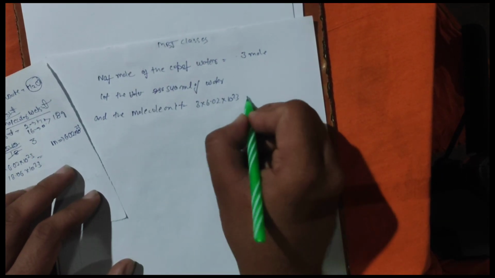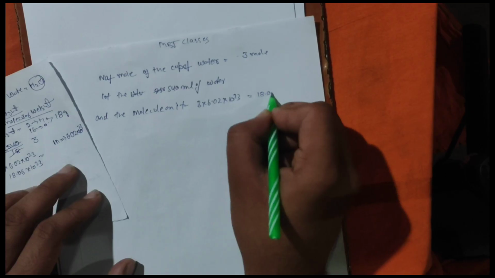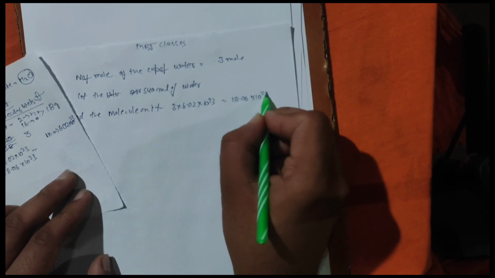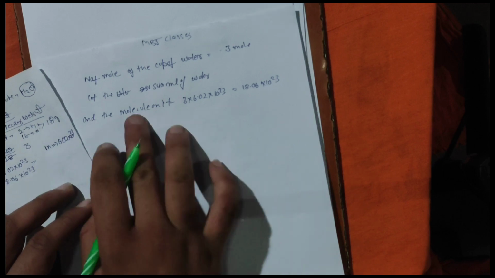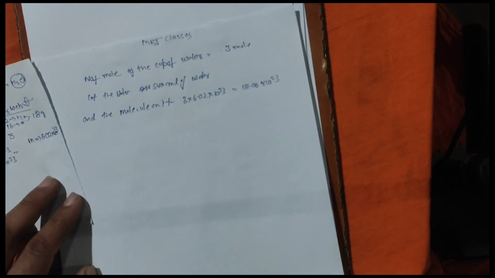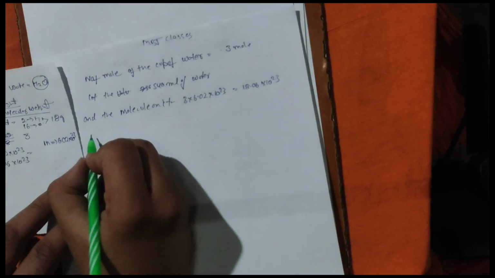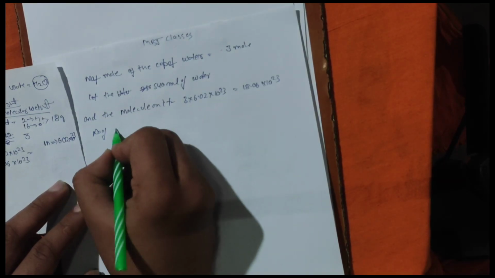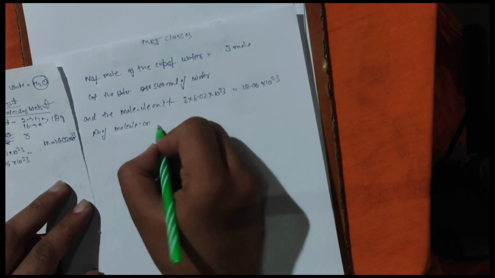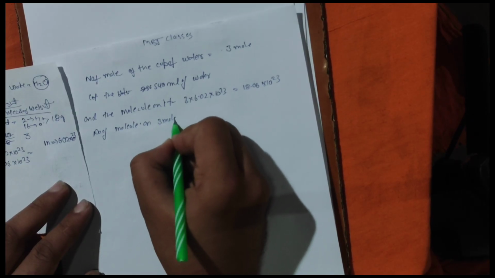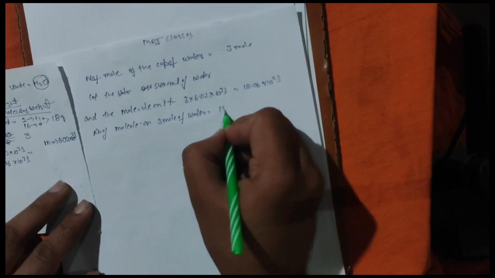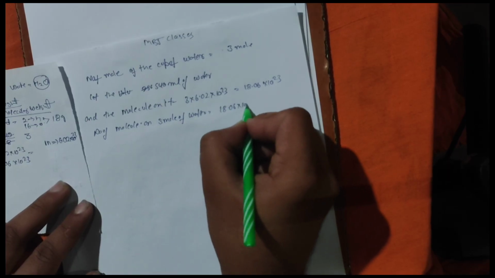So the number of molecules in 3 moles of water is 18.06 into 10 to the power 23.